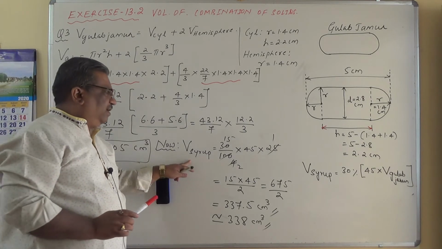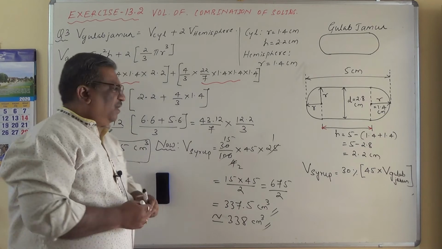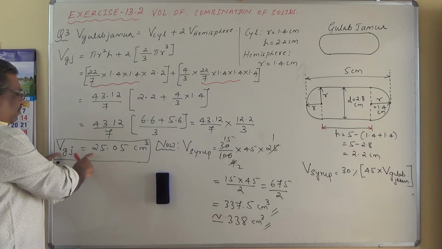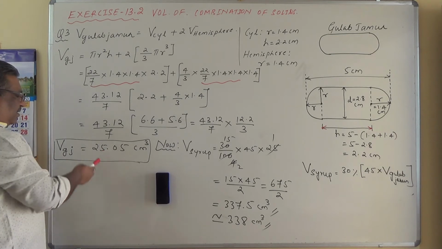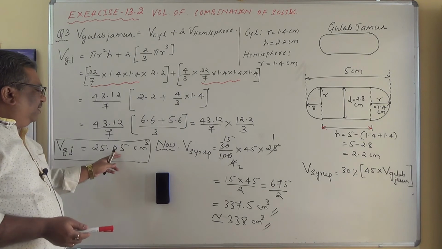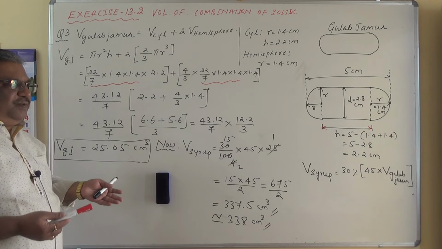Volume of the syrup is equal to 30% of 45 gulab jamuns. So see what I am considering here: volume of gulab jamun is 25.05, but I am considering 25 cubic centimeter as the volume approximately. I am avoiding this 0.05 because anyway we have to calculate approximately only.